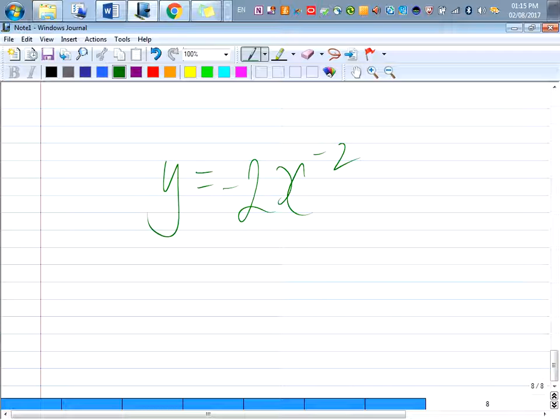Can nobody want to do that? Opposite side, opposite side. Okay.